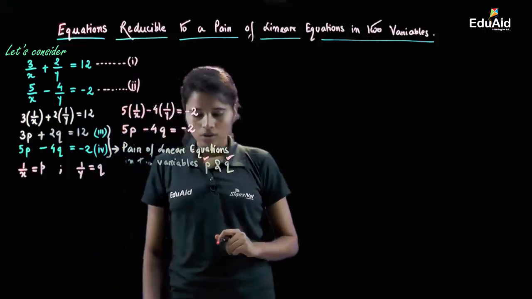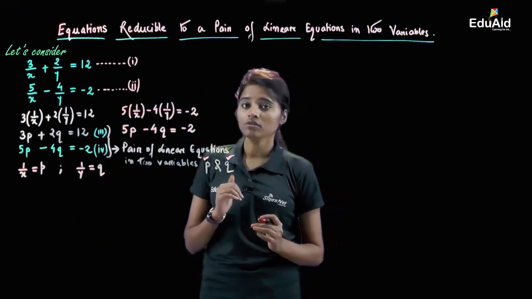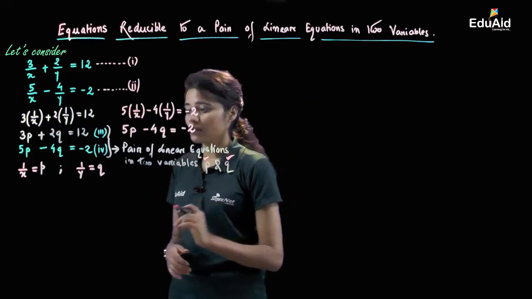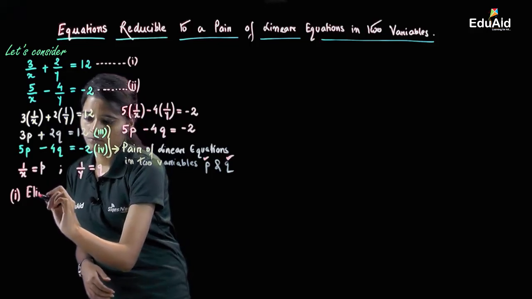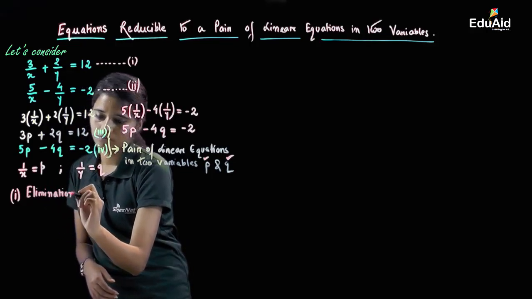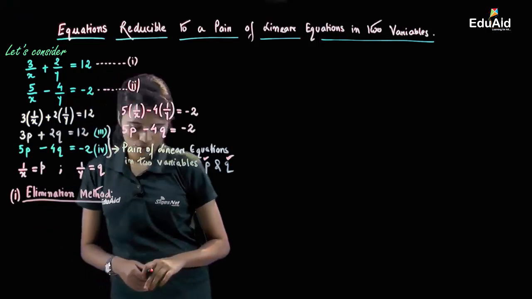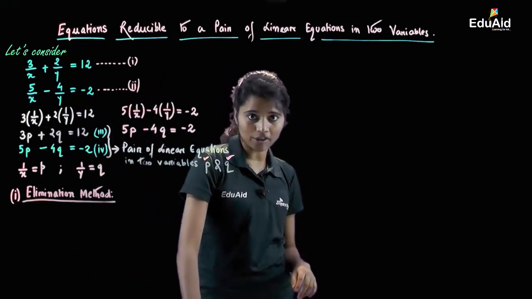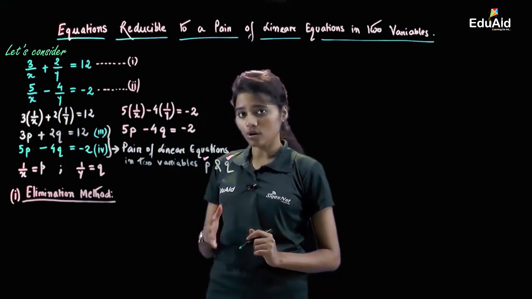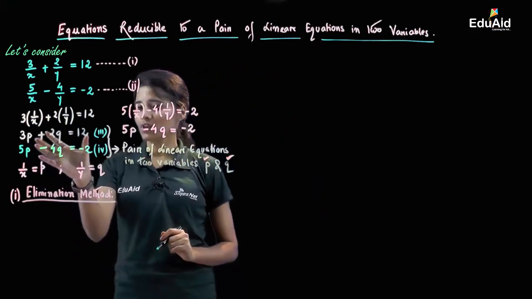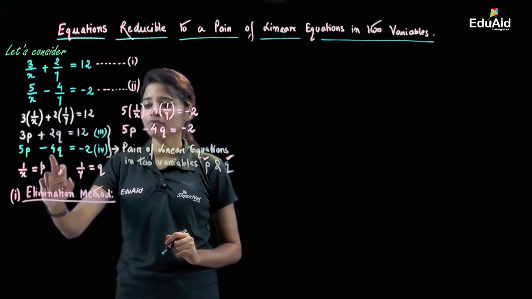So now let us try to find the solution using the first method, which is the elimination method. Here we are going to eliminate any one of the two variables, either p or q. For that purpose, see, here you have 2q, here you have 4q.